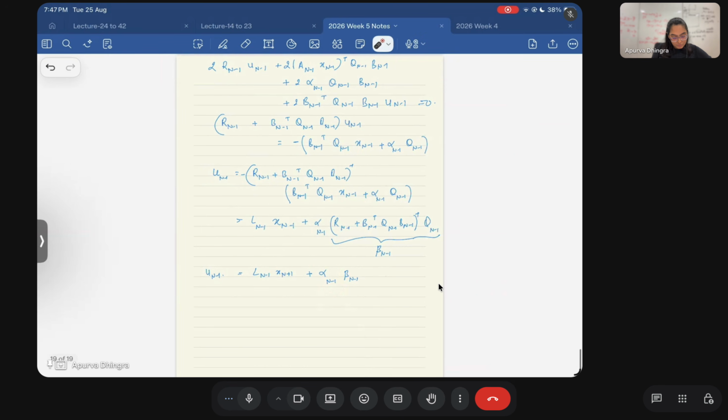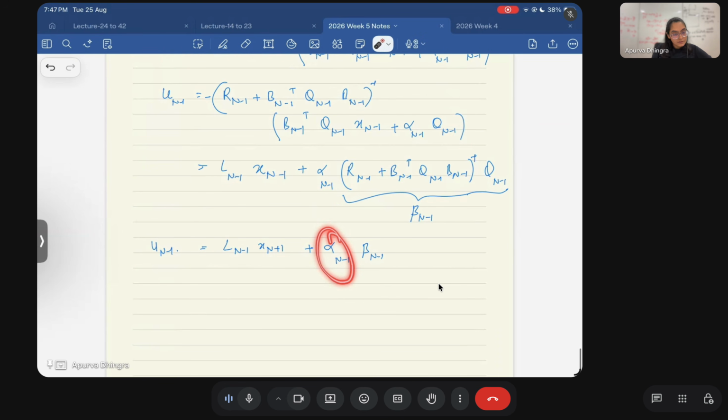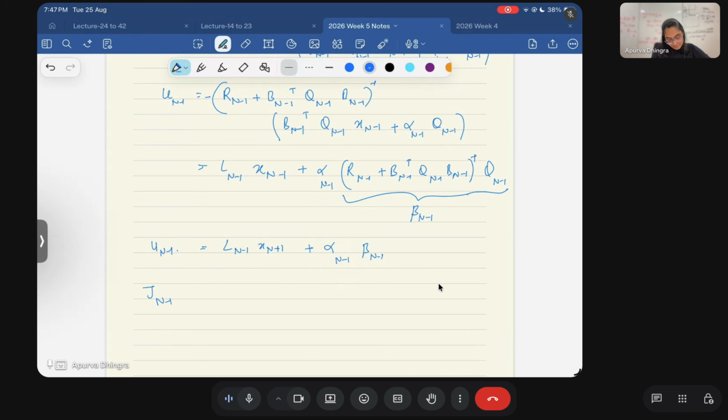Now, the presence of this does affect the cost also. So if you want, you'll have to go through the cost carefully to talk about what is the optimal cost, because this term not being 0 will affect the cost. So there will be some additional terms. But the point that is important here is it's only the first moment of noise that is showing up in the policy.